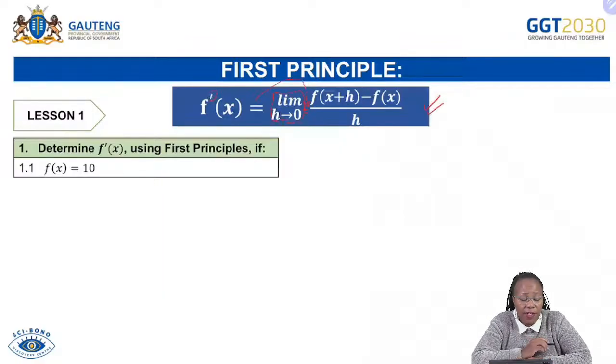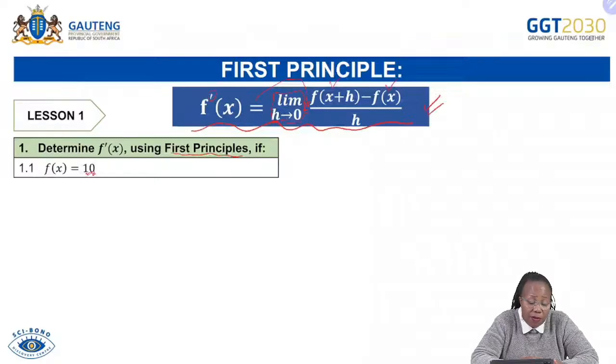Now here we are given f at x equals 10. This is a constant number. Do you still remember that the derivative of a constant number, grade 12, is 0? But if they say use the first principle, they say use this rule here. And if you look at this rule, it needs f at x, which is what we are having, but it also needs the f at x plus h, right?